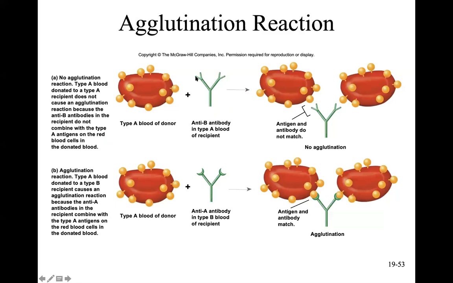Now here, they're just kind of showing us what happens in a normal semester, and I think I will see if I can find an actual lab thing that I can introduce to us so that you can see how they're supposed to coagulate, right? Here you have a type A blood donor and antibodies to type B found in the type A blood recipient. So there's a good match, in other words, right?